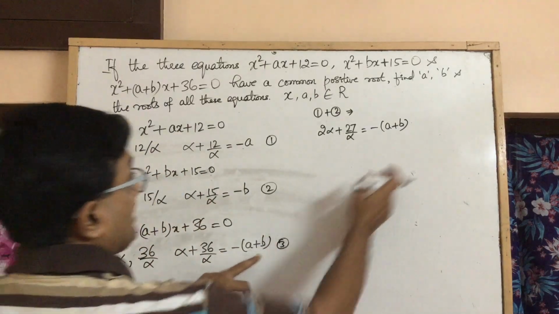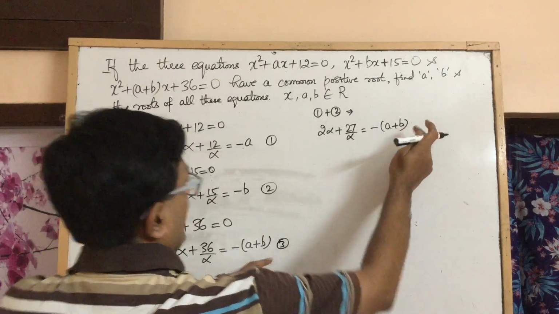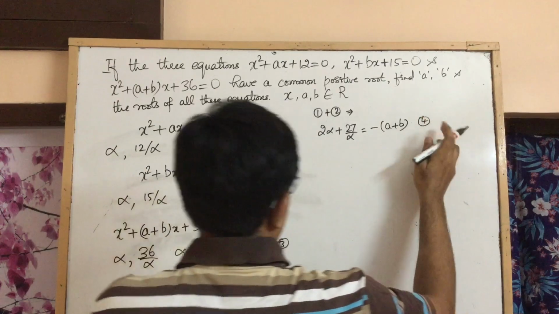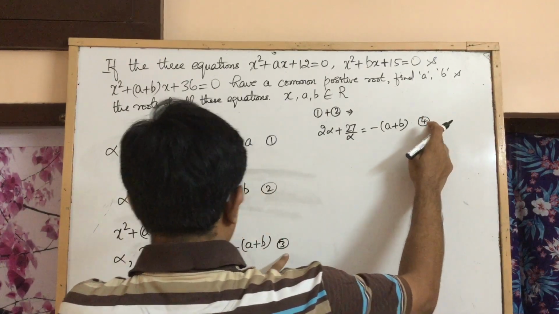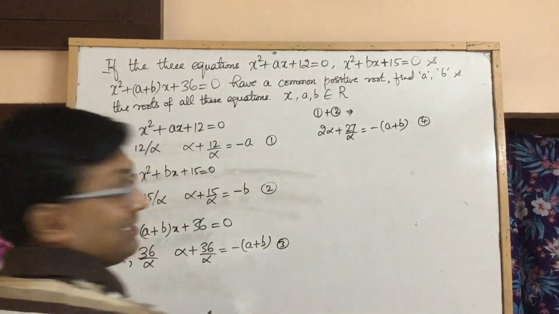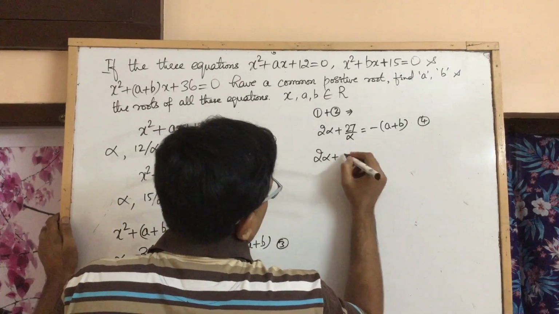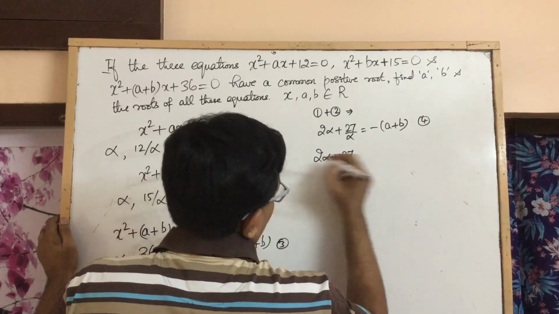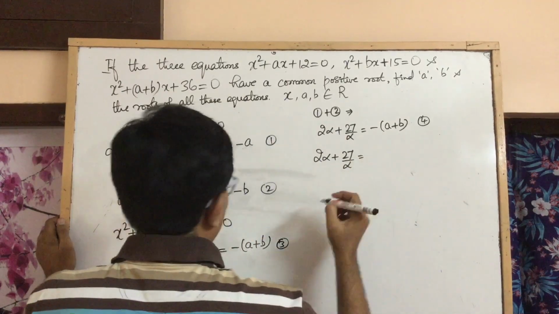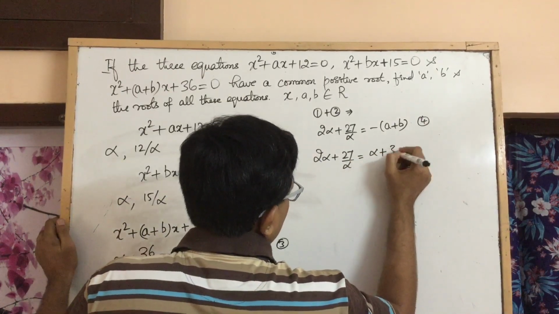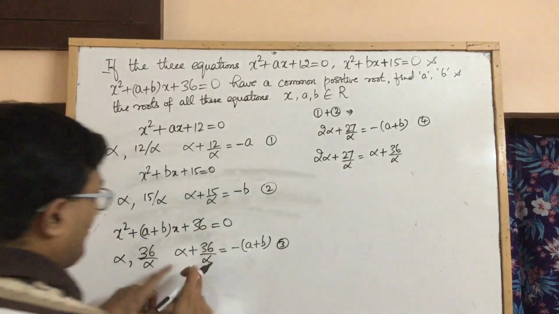Let's call this equation number 4. We compare the right hand sides of equations 3 and 4, we find that they are the same, right? So that means we can equate their left hand sides as well. That means twice alpha plus 27 by alpha should equal alpha plus 36 by alpha.